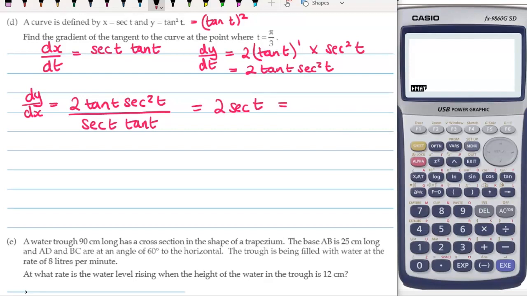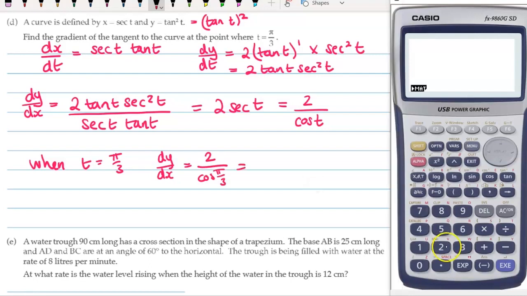Now that is the same as 2 over cos t. So when t is pi by 3, dy by dx will be equal to 2 over cos pi by 3. So 2 divided by cos of pi by 3 is 4.